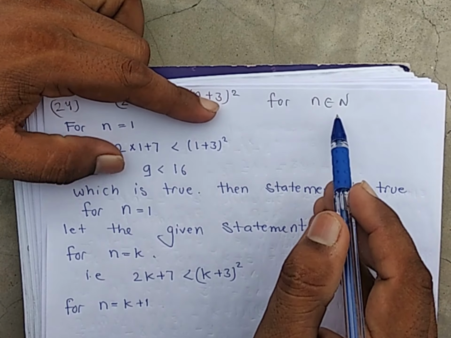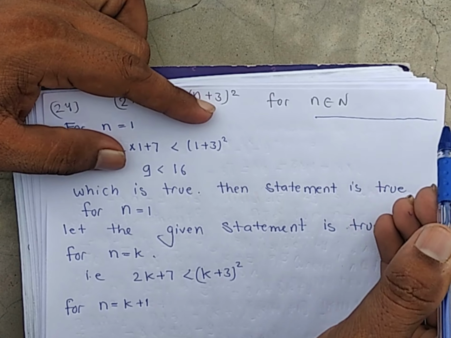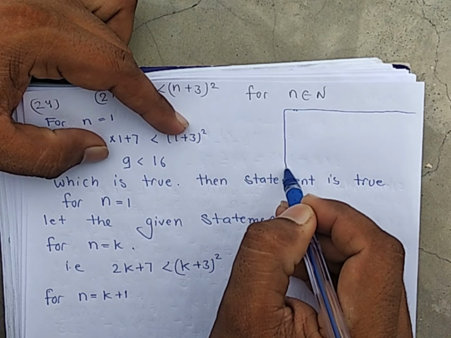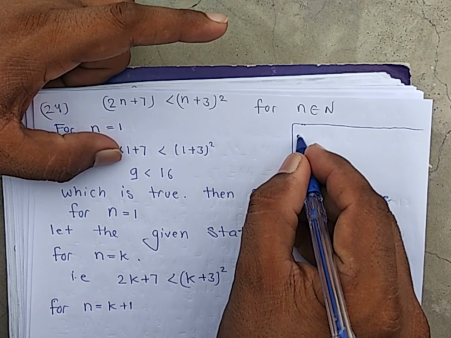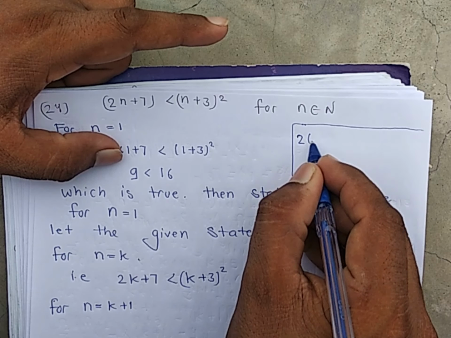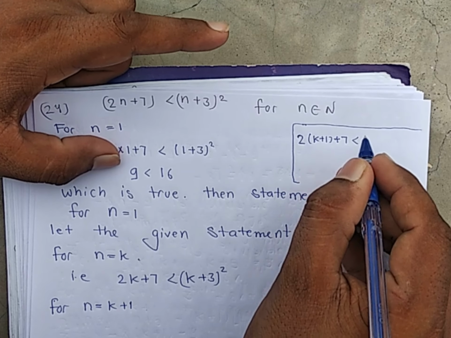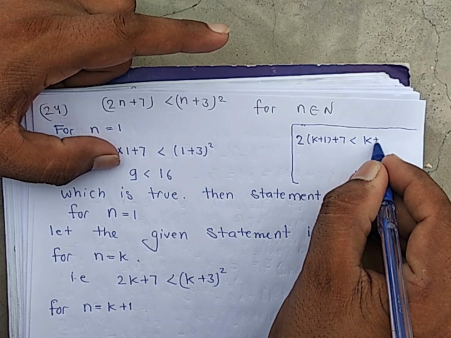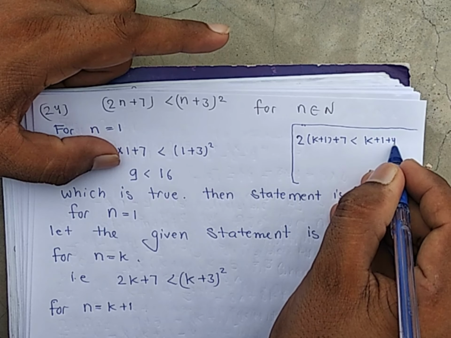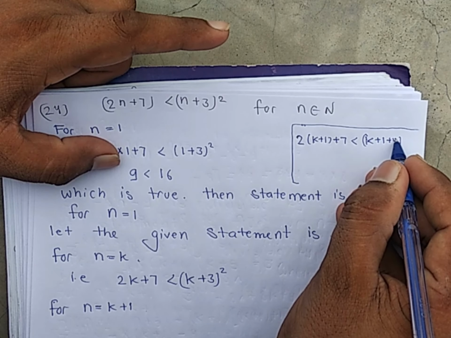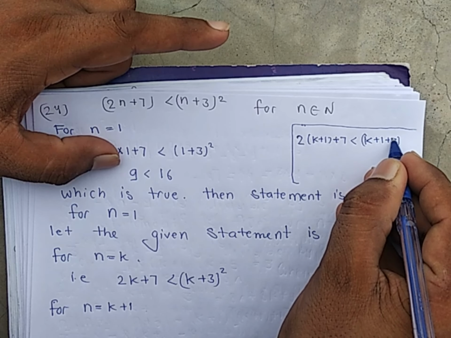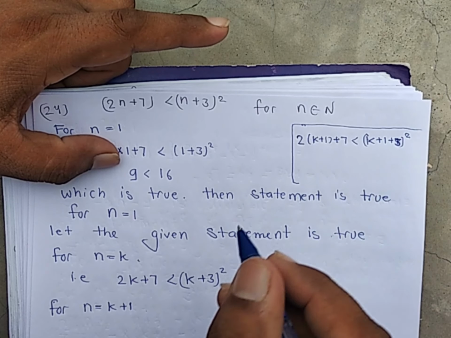In order to show that this statement is true for n equal k plus 1, we have to establish a relation that 2 into k plus 1 plus 7 is less than or equal to k plus 1 plus 3 to the power 2.